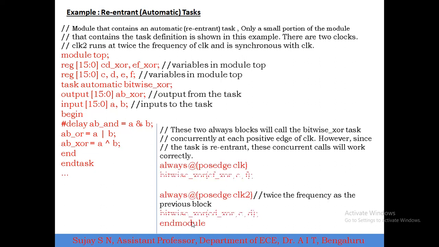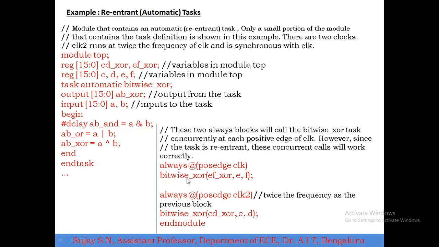And here, within two always blocks, I am going to call the same task. Always at the positive edge of the clock I am going to invoke this task, bitwise_xor, and always at the positive edge of clock2 I am going to call the same task bitwise_xor.